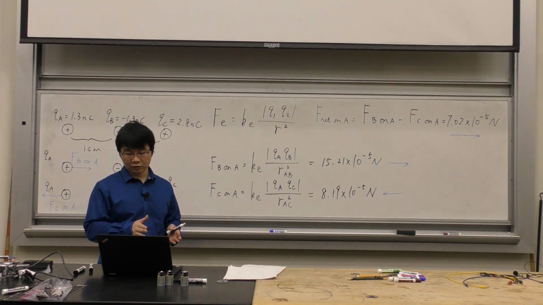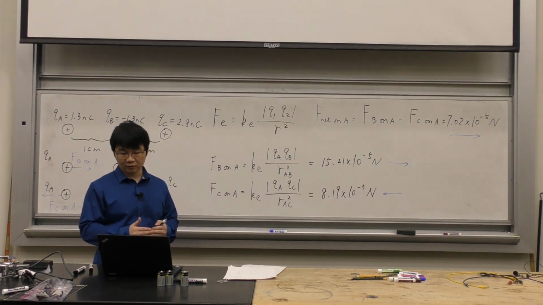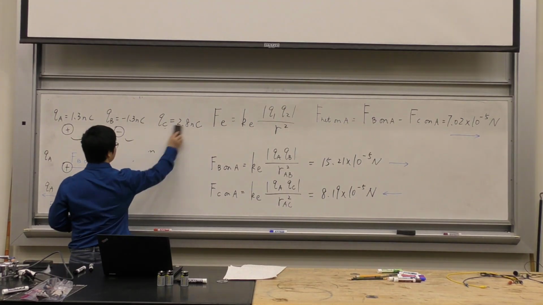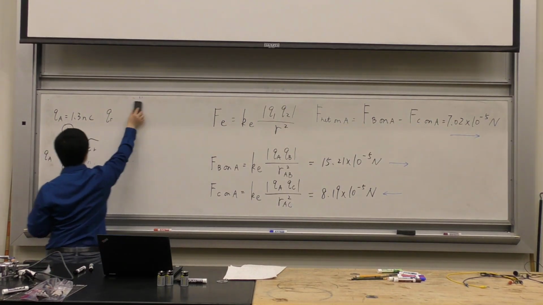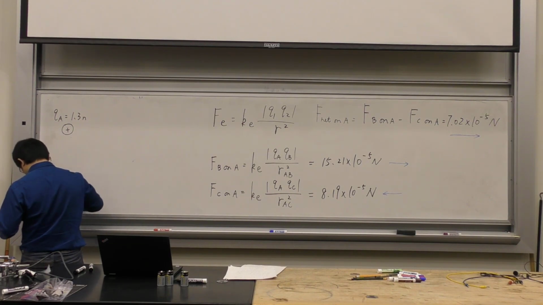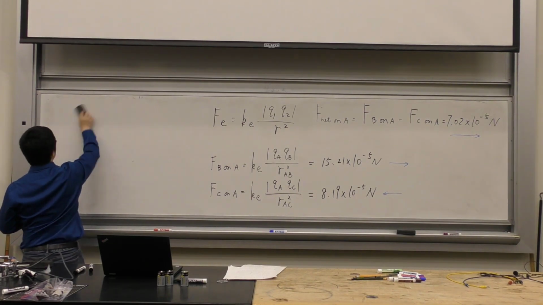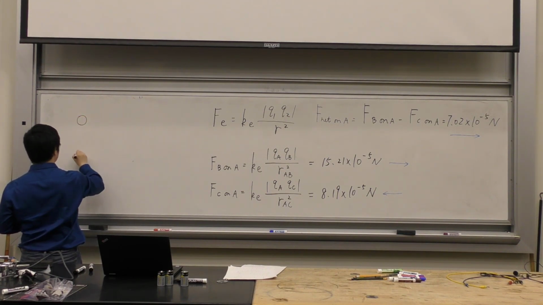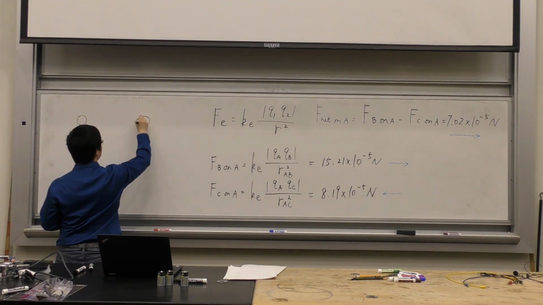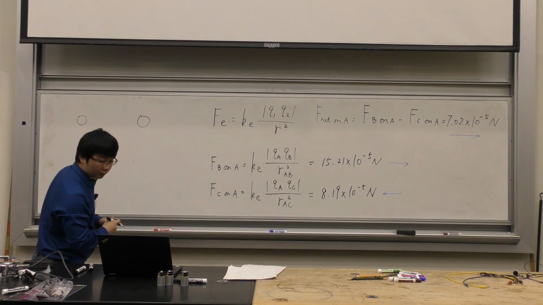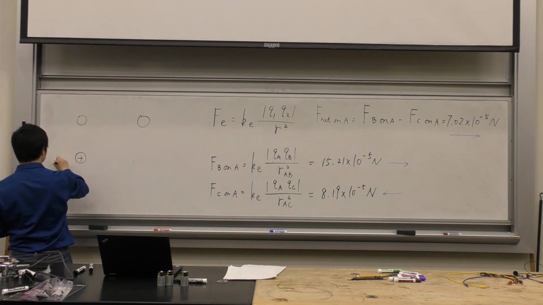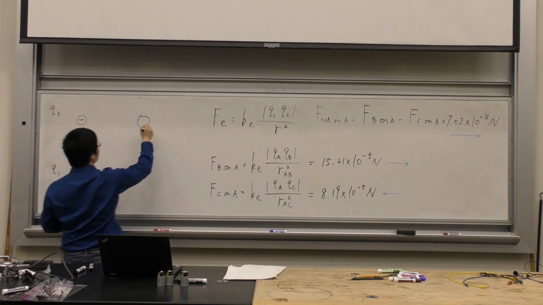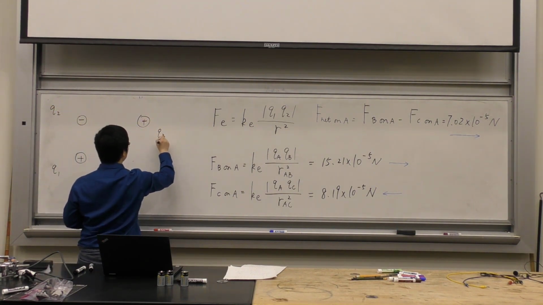Now we have 3 charges. They're not along the same line. They don't lie on the same axis, right? So we're going to do vector analysis. So let's draw it out. 3 charges, Q1, Q2, Q3, all right.